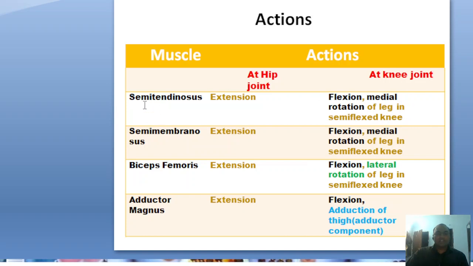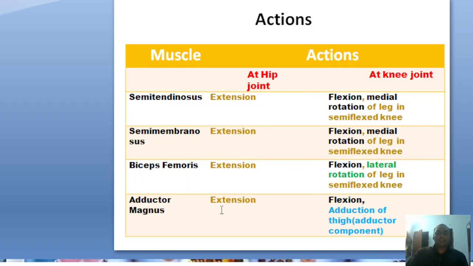Semitendinosus: at hip joint extension, at knee joint flexion and medial rotation of leg in semiflexed knee. Semimembranosus: at hip joint extension, at knee joint flexion, medial rotation of leg in semiflexed knee. Biceps femoris: at hip joint extension, at knee joint flexion with lateral rotation of leg in semiflexed knee.